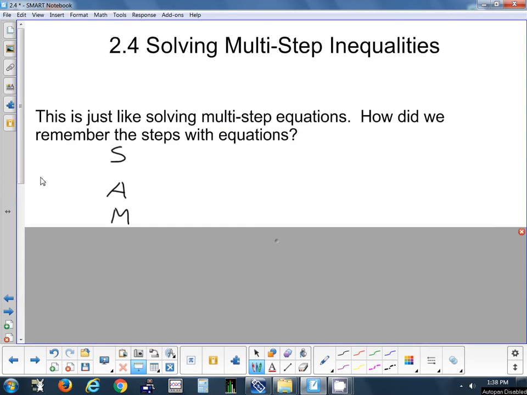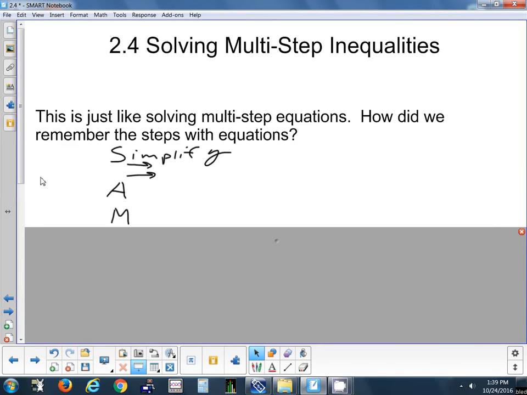And on your note sheet, okay, so you should write this in. Leave a little space, because we're going to try to write 2 things under the simplify step. So S stands for simplify.